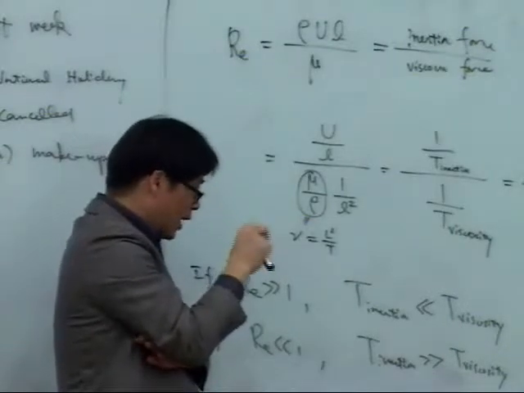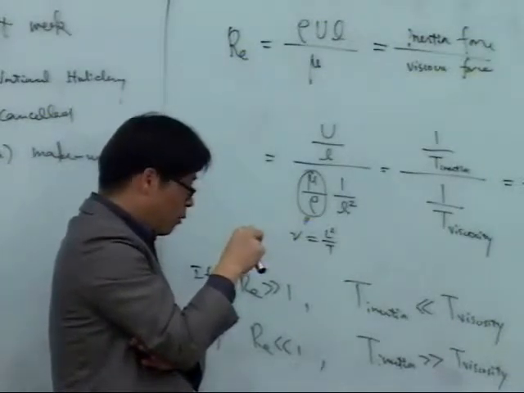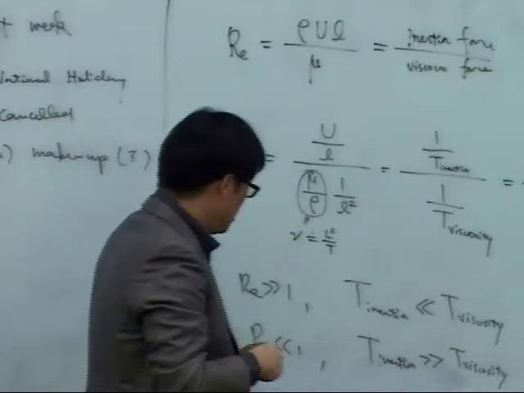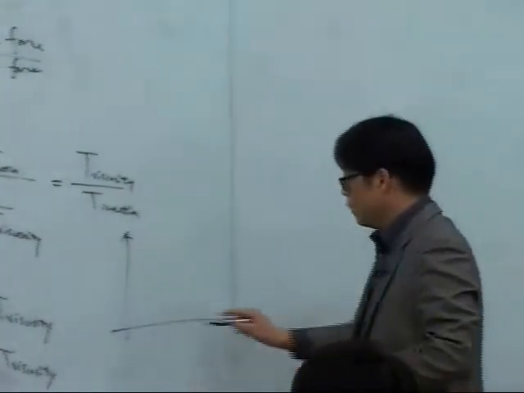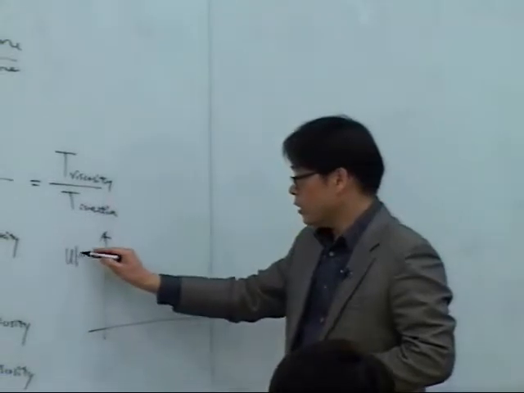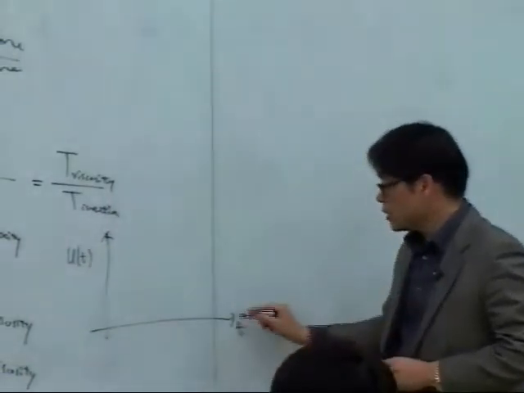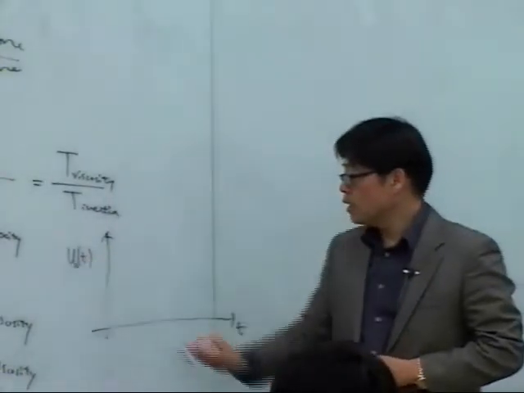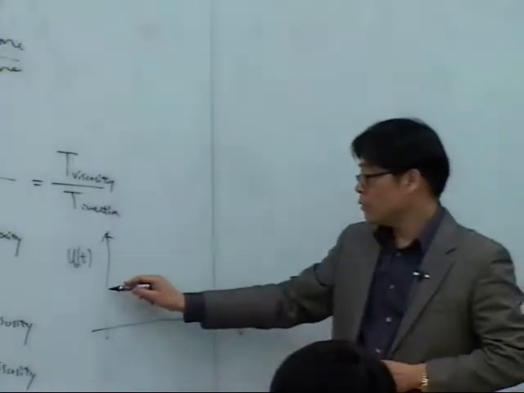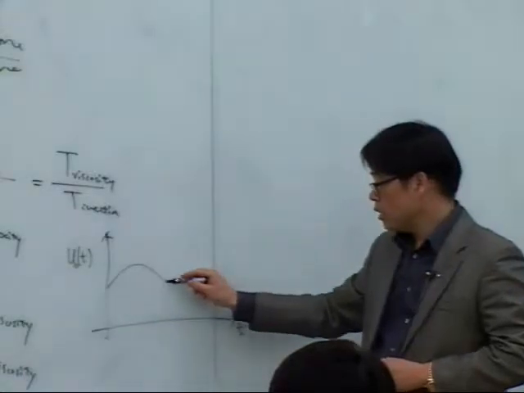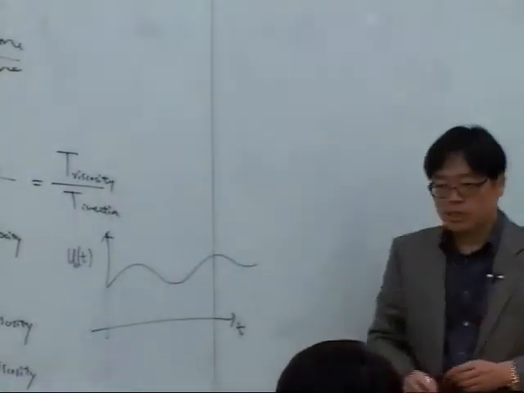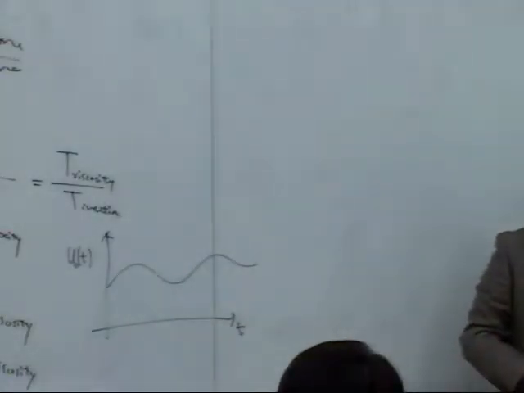It is oscillating with a small period. So typically, if you measure a velocity at a given location, let's say point 0, for Reynolds number moderate or small, then you can see oscillation like this.